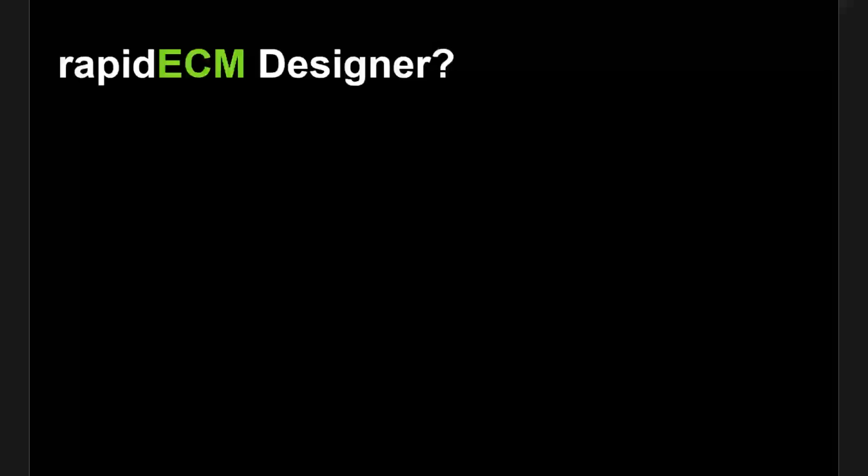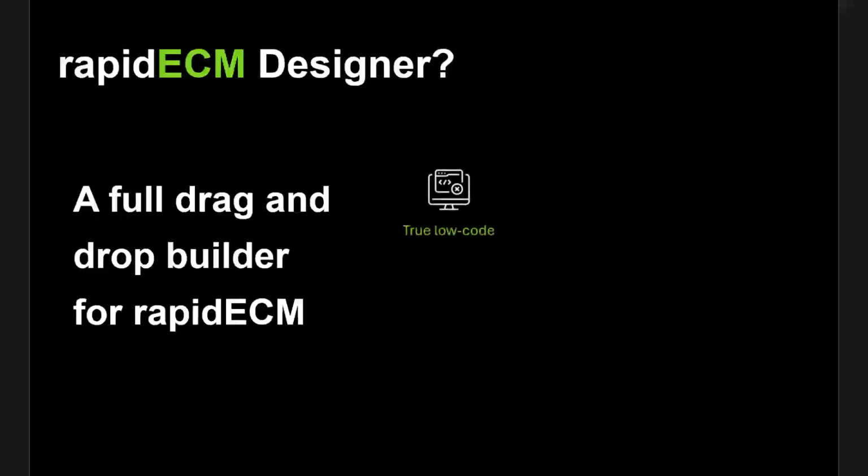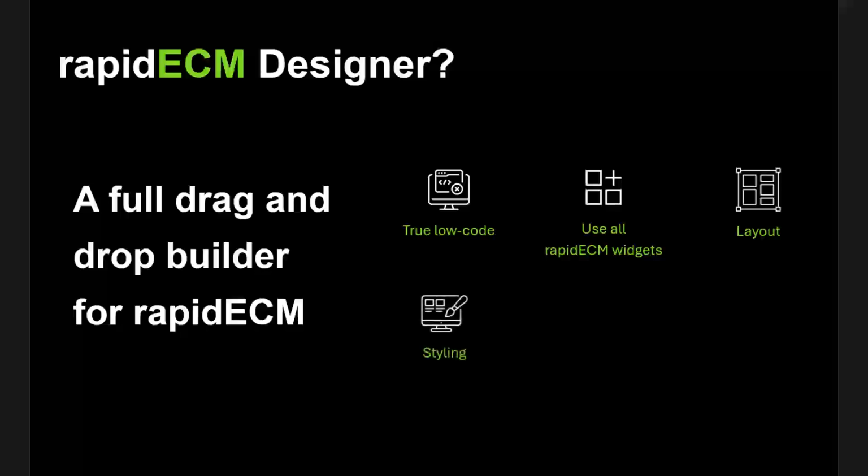rapidECM Designer is a full drag-and-drop builder for rapidECM. It helps teams move faster with true code reuse of all the rapidECM widgets you already know, and to assemble pages through simple layout and styling controls. Translation is built in, even with AI tools to help you, so it's easier to deliver consistent experiences across languages.